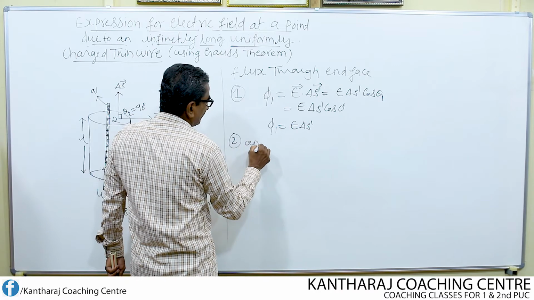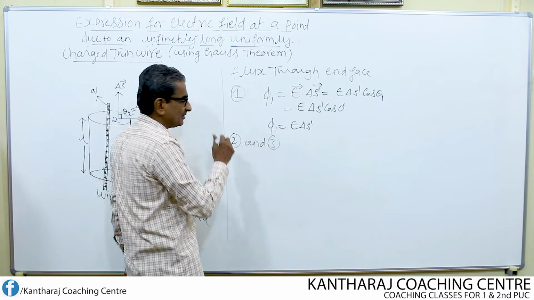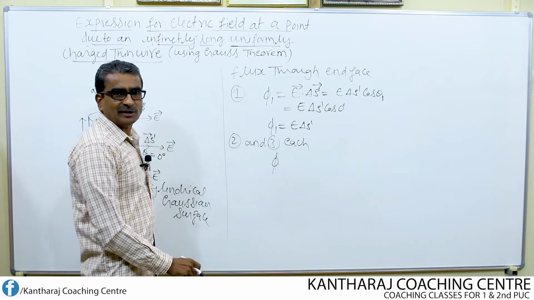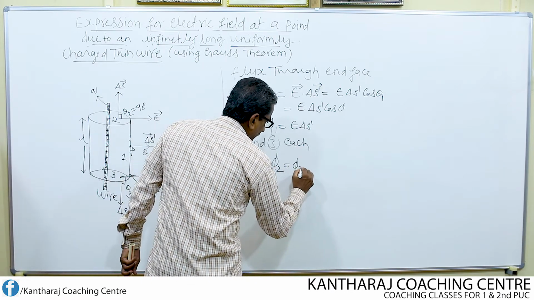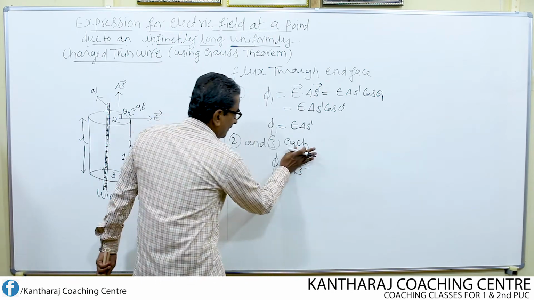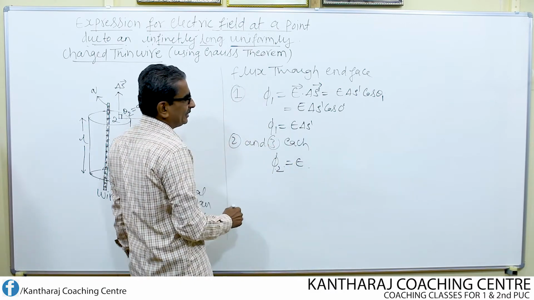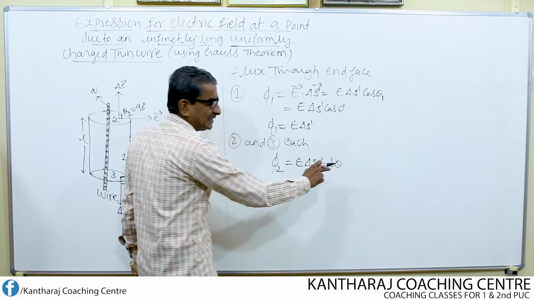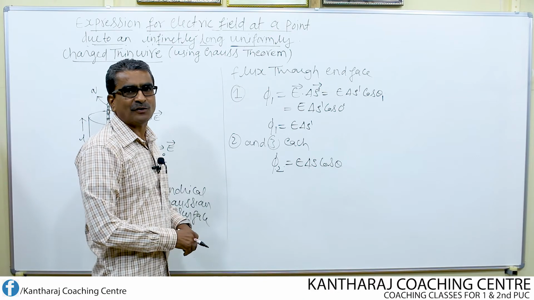End phase 2 and end phase 3 each is given by, what can I write now? Phi 2, which is equal to phi 3, or else phi 2 is equal to E, directly I write now, delta S into cos theta. This is nothing but the mathematical equation of electric flux.